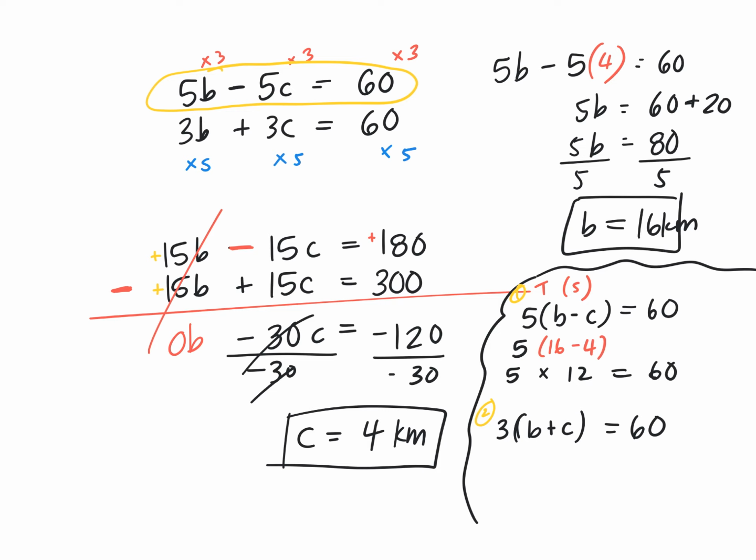So in the first part of the trip, the boat was traveling at a speed of 12 kilometers per hour. And in the second part of the trip, instead of subtracting them, we're adding them. 16 plus 4 is 20. So the speed was 20 kilometers per hour.